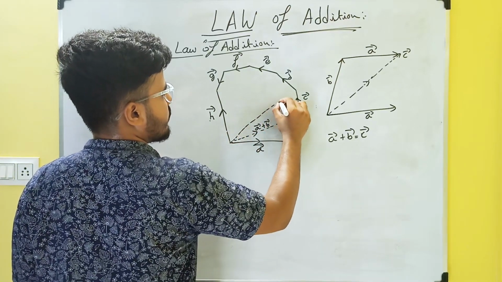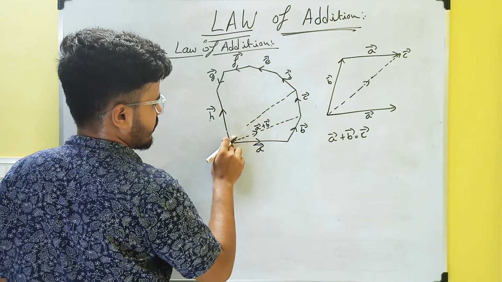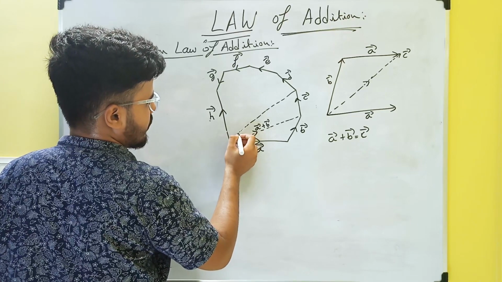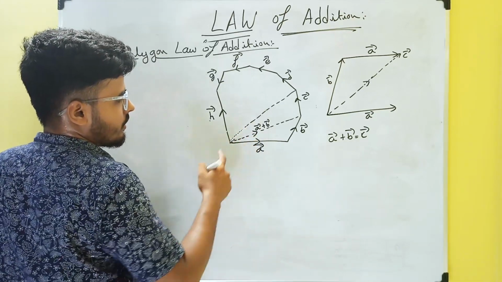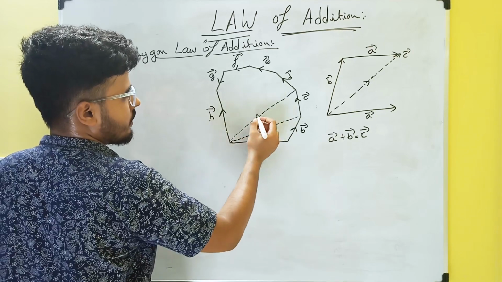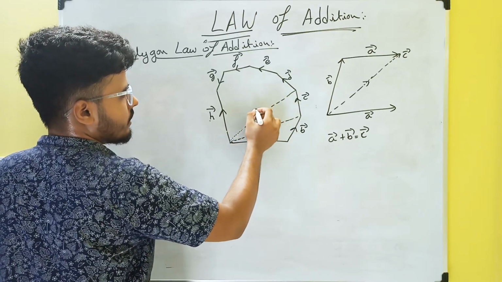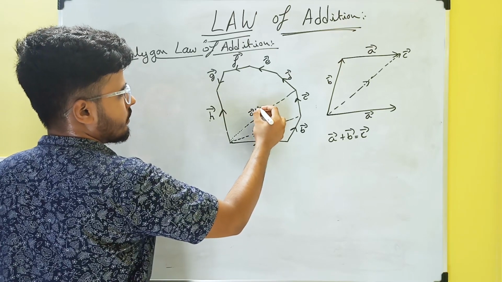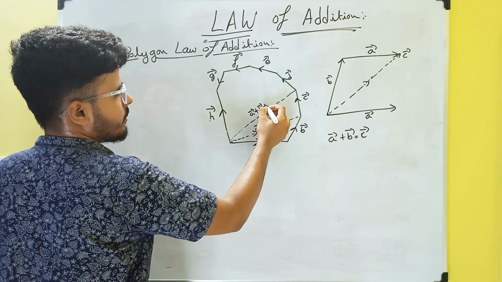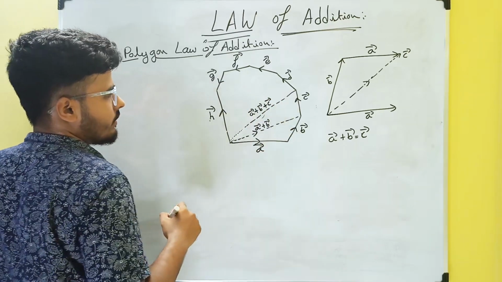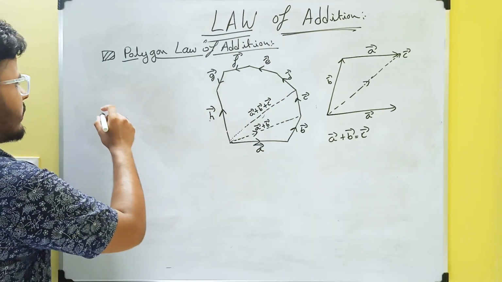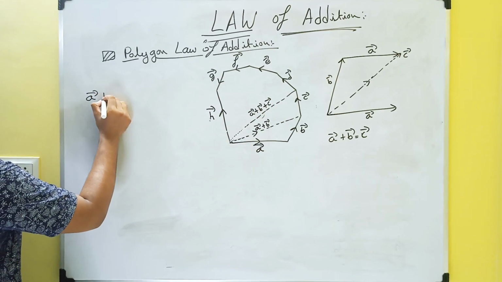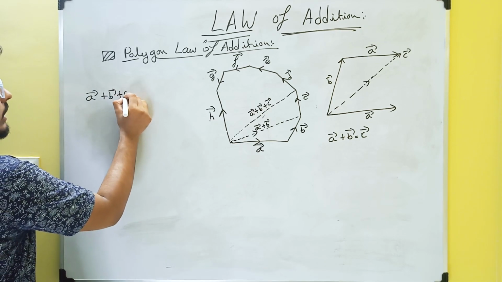And from here to here, what will be this resultant vector? This resultant vector will be A vector plus B vector plus C vector. Like this, you can say A vector plus B vector plus C vector.